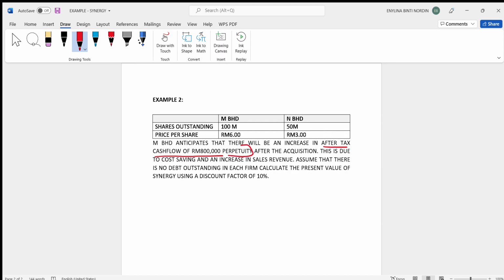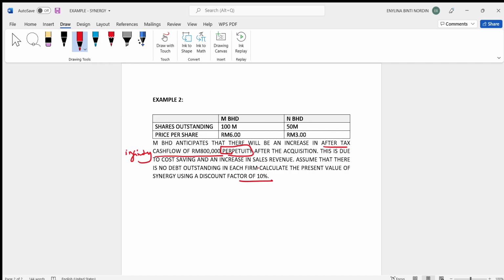Be careful, perpetuity means infinity. That means we do not know how long this 800,000 ringgit is going to be earned after the acquisition. This is due to cost saving and increase in sales revenue. Assume that there are no debts outstanding in each firm again, and calculate the present value of synergy using the discount factor of 10%.